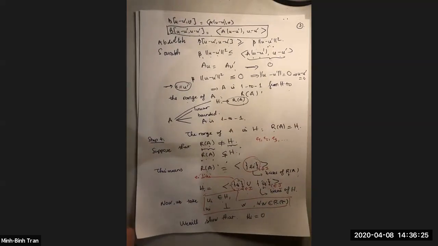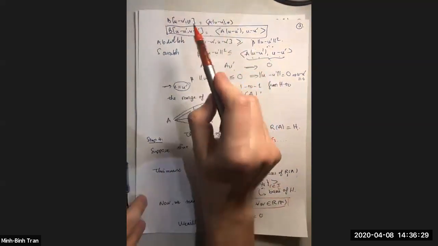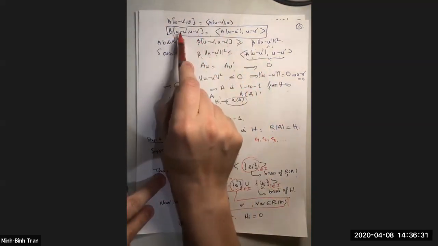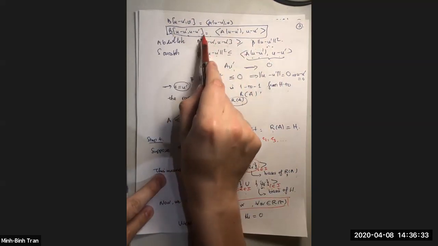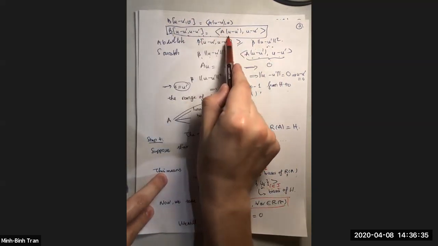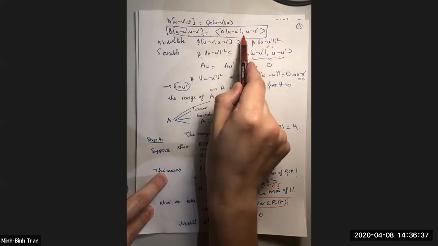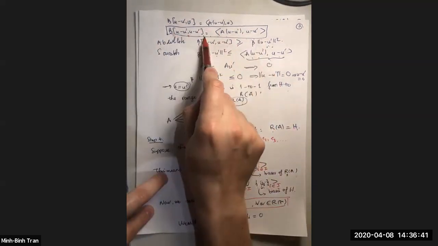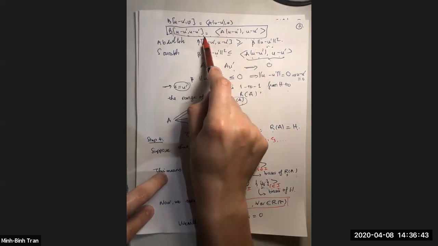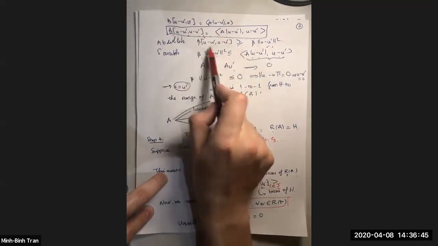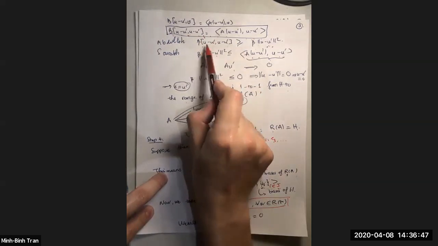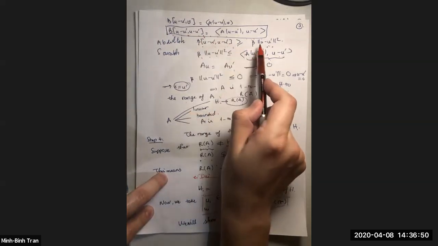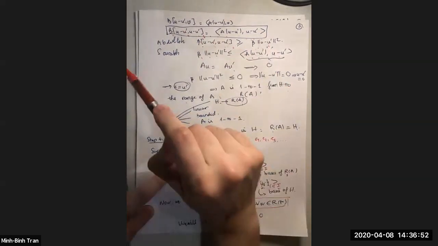Remember that in the previous discussion, what did we say? We have the inner product of Au minus Au prime with u minus u prime equal to 0. Then Abdullah said that, because this b is coercive, you can use the coercivity condition, which means that b(u minus u prime, u minus u prime) is greater than or equal to beta times the norm of u minus u prime squared.